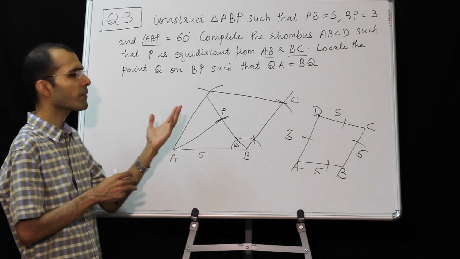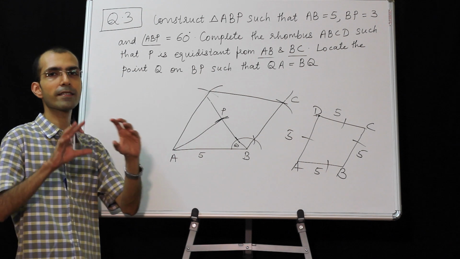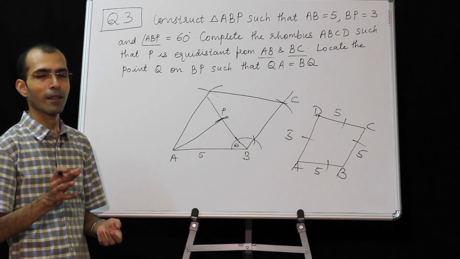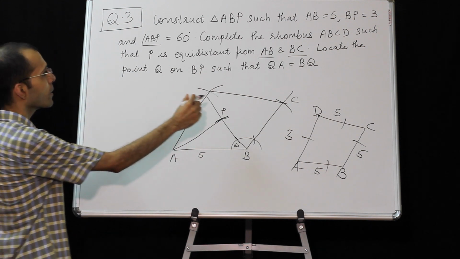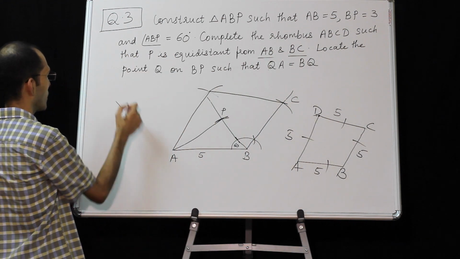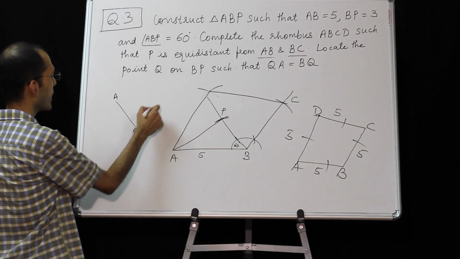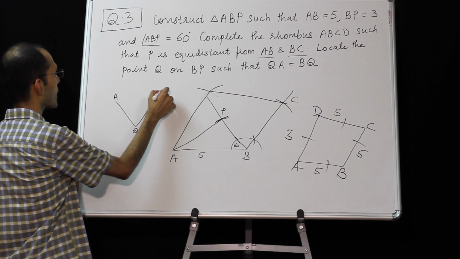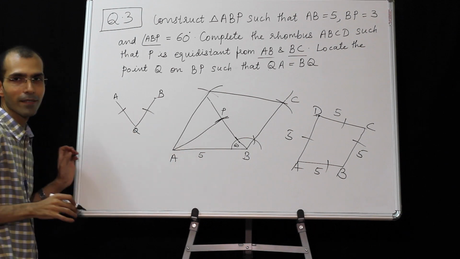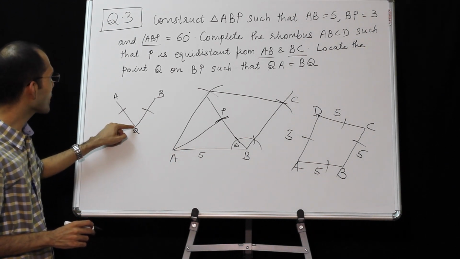Now one may wonder which concept this is. This has been put in a disguised form. Try to decode it. QA is equal to BQ. So can't we have the diagram like this? Isn't it? QA equal to QB.